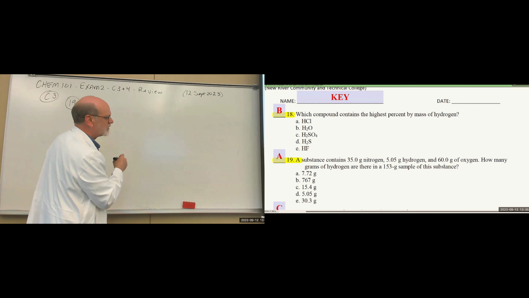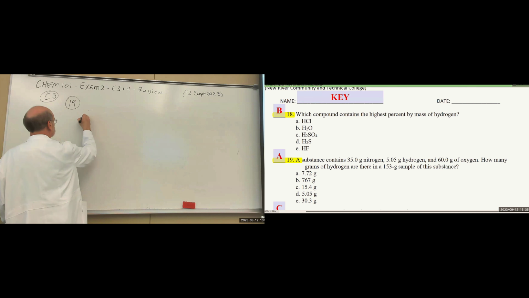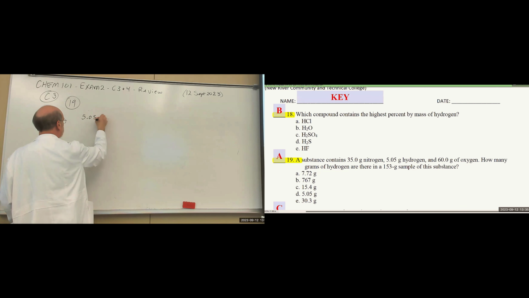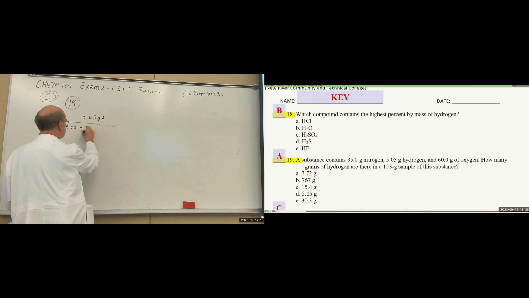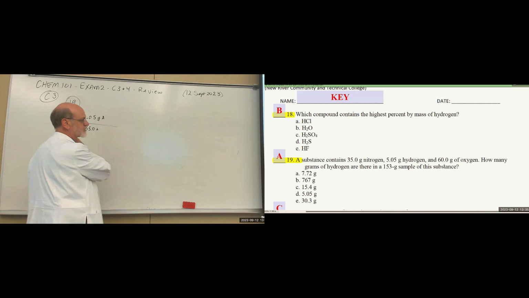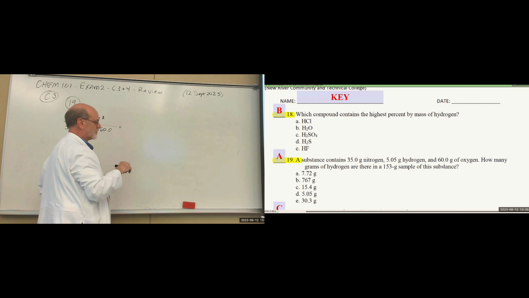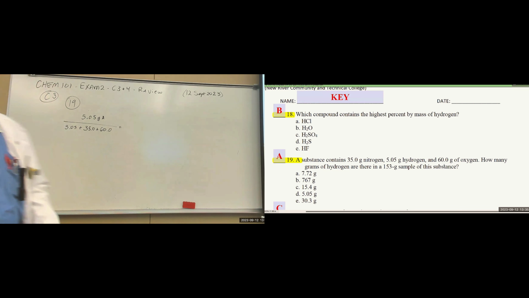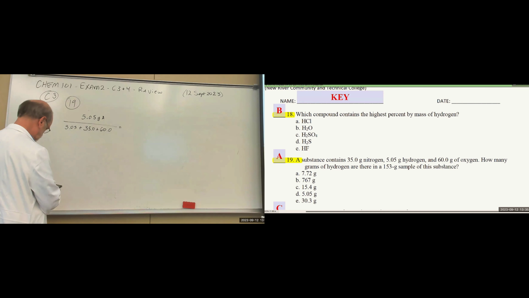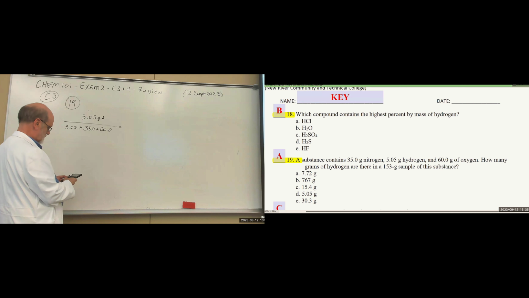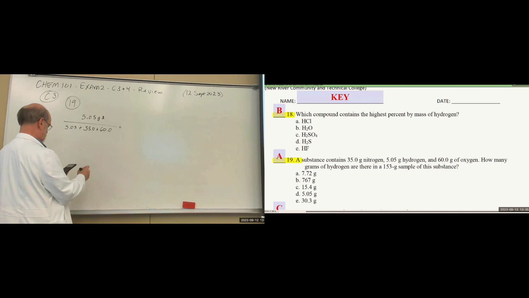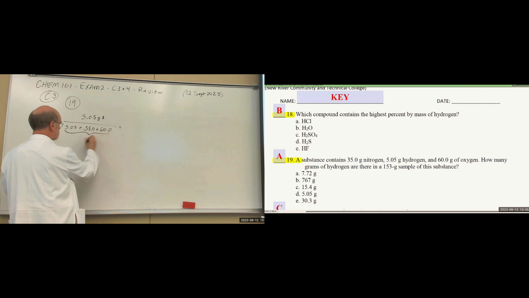So what we want is 5.05 grams of hydrogen. 5.05 grams of hydrogen. And then the total is 5.05 plus 35 plus 60. This would be the fractional composition of hydrogen. This is 100.05.